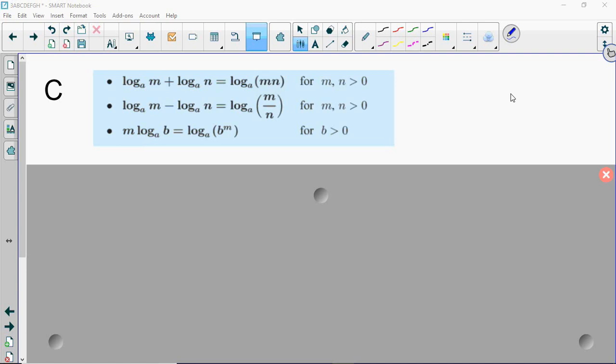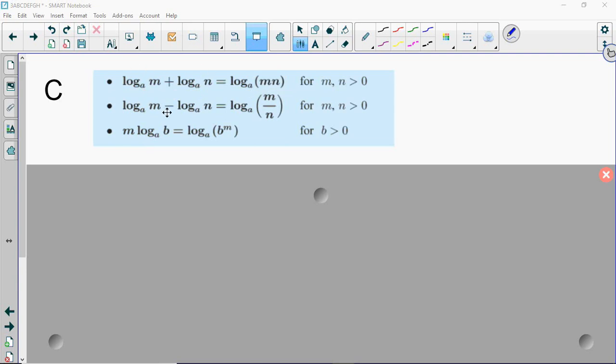Okay, section C now, we've got some of the properties of logarithms that we need to know. And these are not in the formula book, so you need to memorize these. They get used all the time in this course. So first off, if we have a sum of two logarithms with the same base, that's crucial, base a here, then we can combine them into a single logarithm with the same base where we take the product of the original two numbers.